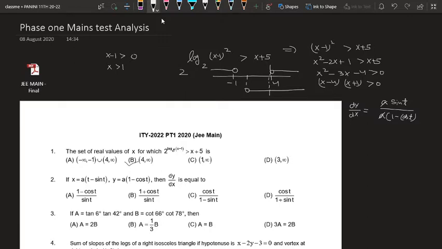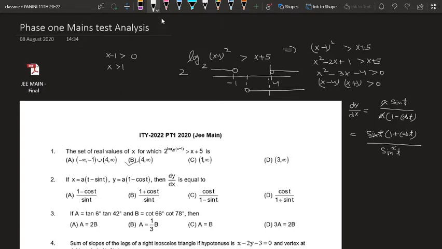Now we can see sin t over 1 minus cos t. There is no solution like this, so we multiply and divide this by 1 plus cos t. We apply simple trigonometric identities. In the denominator, we get 1 minus cos square t, that is sin square t.